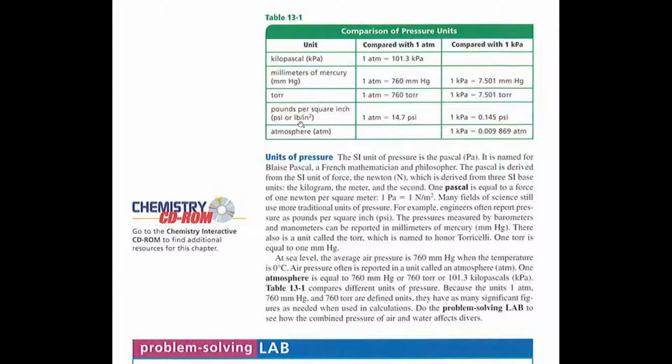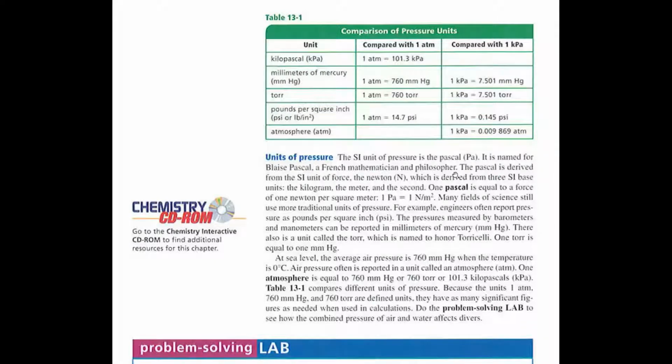Out of all of the things we are measuring, atmosphere and pressure is probably the least standardized. Meters and kilometers are the international units for distance. Well, pascals are the units that scientists use, but the other ones are still used quite a bit.